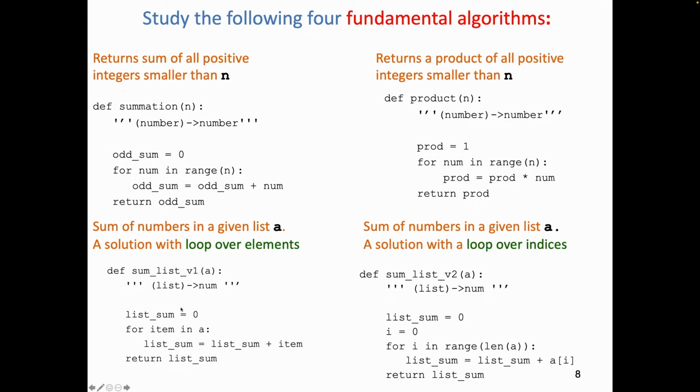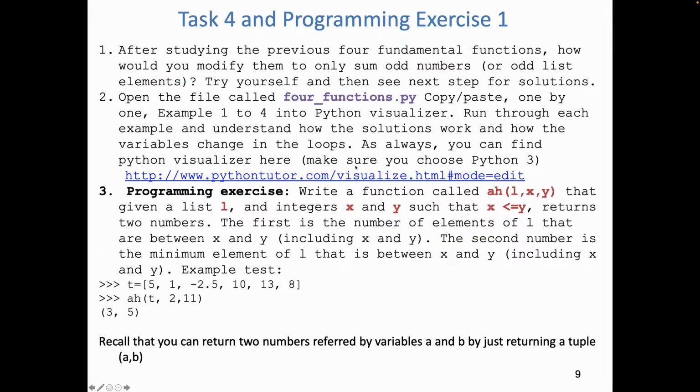For the previous one we loop over elements, while for this one we loop over indices. You can see that i is the index, and it goes from 0 to the length of list A minus 1. Okay, please study these four algorithms. You will use them in the labs or assignments.